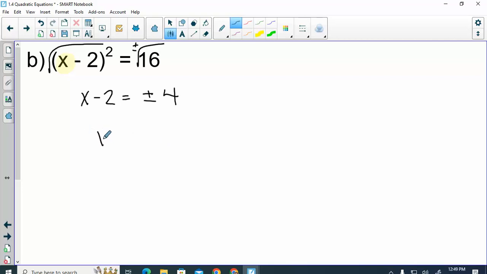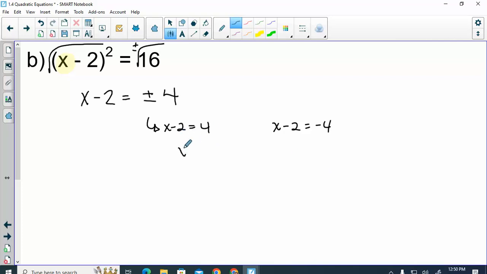Now, this is where I see mistakes. People add over the 2 and say the answer is plus and minus 6. What's wrong with that? The factors were plus and minus 4. What this means right here is that x minus 2 could equal positive 4, or x minus 2 could equal negative 4.